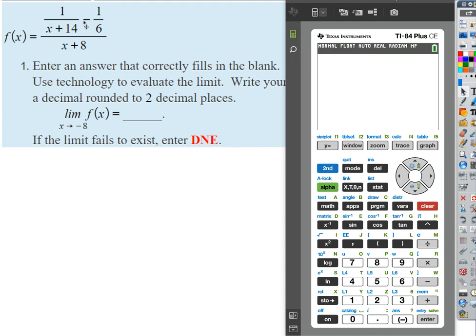So let's plug in this expression using x's. So I'm going to make this look good. I'm going to pull down my fraction template. Oops, that's not what I did. And then I've got a fraction within a fraction on the top.